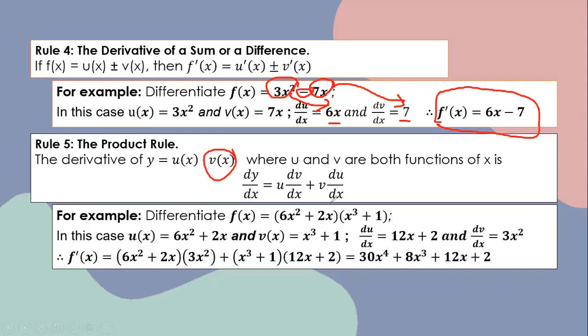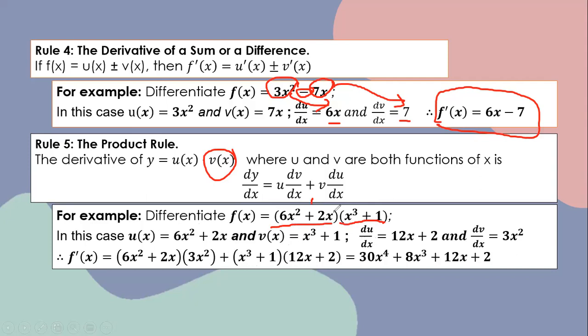So let's have an example. We have 6x squared plus 2x, tapos yung isang function ay minultiply sa x cubed plus 1. So we have two functions here na pinag-multiply sa isa't isa. Okay, let's find the derivative of each function. So we have u of x is equal to 6x squared plus 2x.